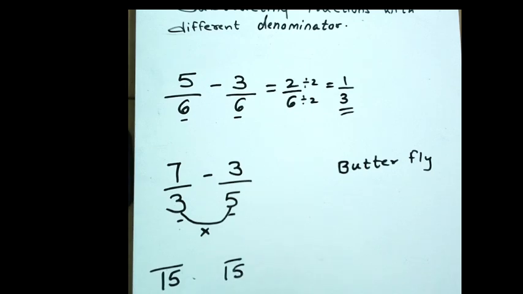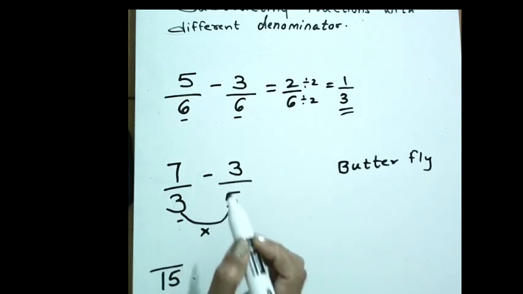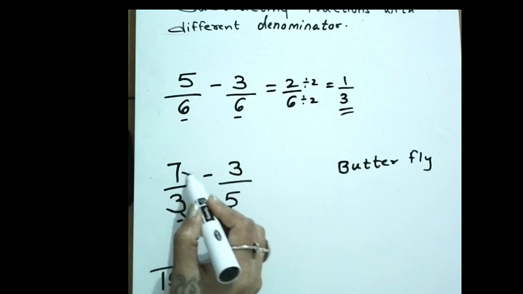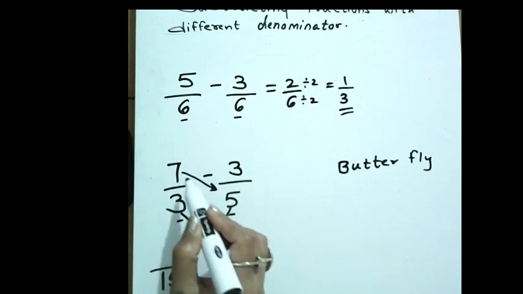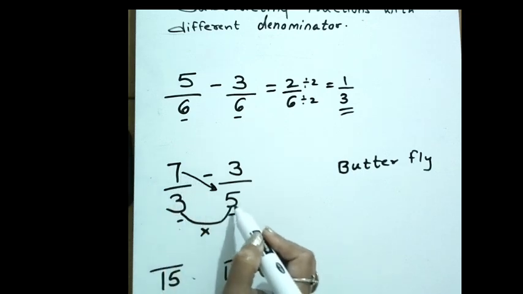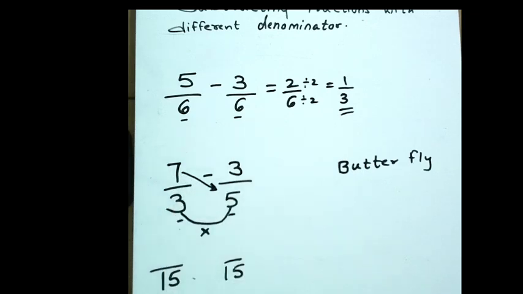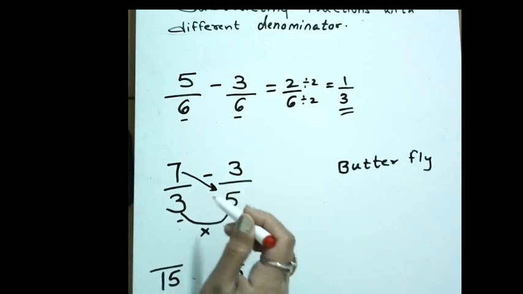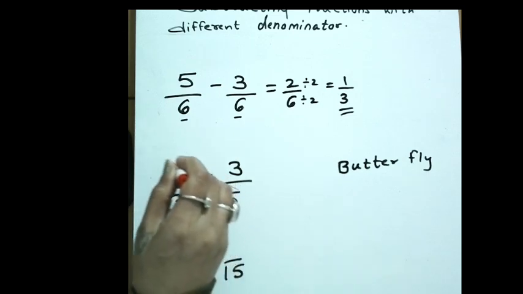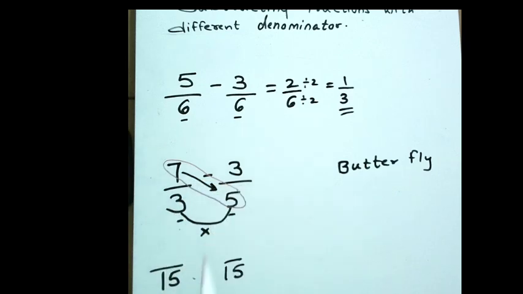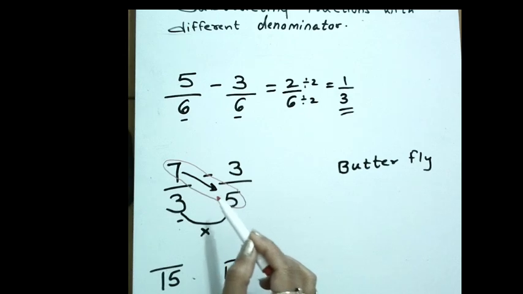Now the next step is you are going to cross multiply on the left hand side. So you go cross, top with bottom, and if you want you can draw a wing, this way. So 7 times 5.